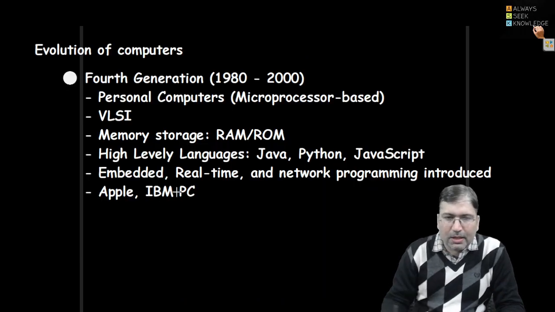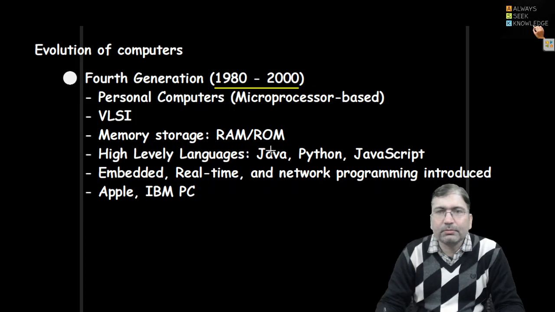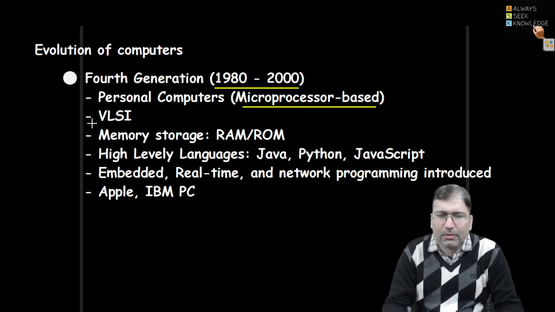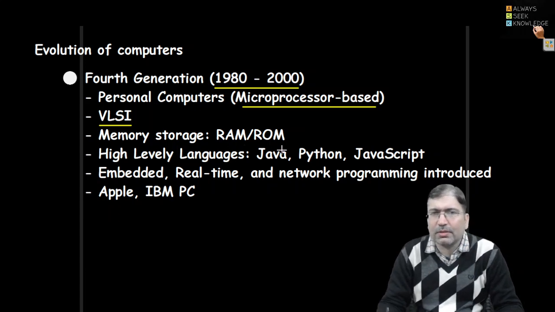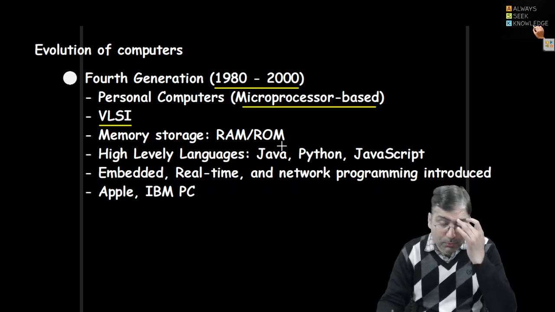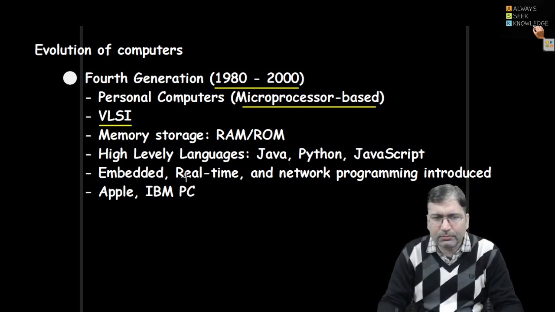Then the next generation came into existence somewhere around 1980 to 2000. These are like our personal computers which we use. Microprocessors were introduced, and VLSI came into existence, very large scale integration on one particular chip. It was possible in that duration. RAM and ROM were used as memory in these computers.